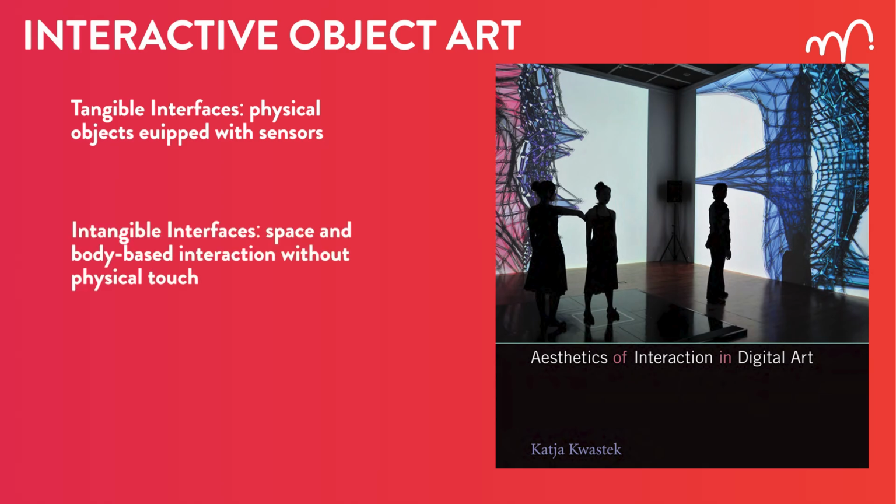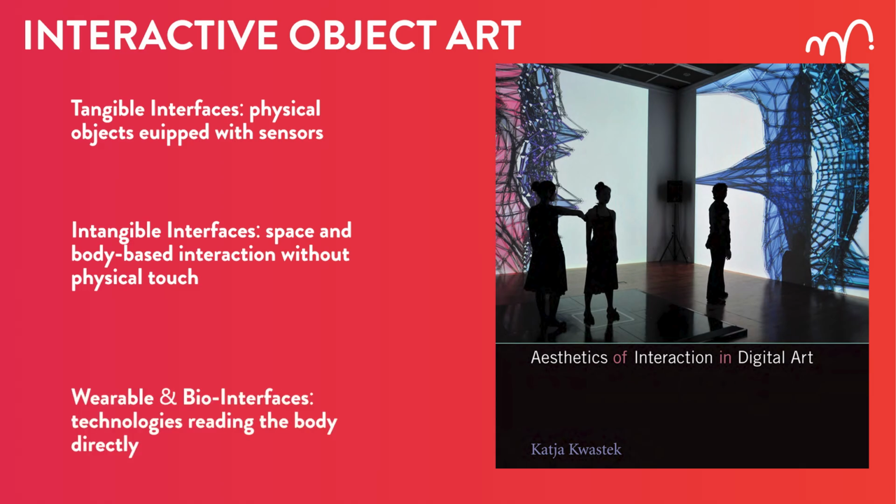Intangible interfaces, interaction based on space and body without physical touch, using voice UI, gesture tracking, or computer vision. And finally, the new frontier, wearable and bio interfaces. These are technologies that read the body directly, tracking heart rate, body heat, or even brain waves through neurofeedback systems.